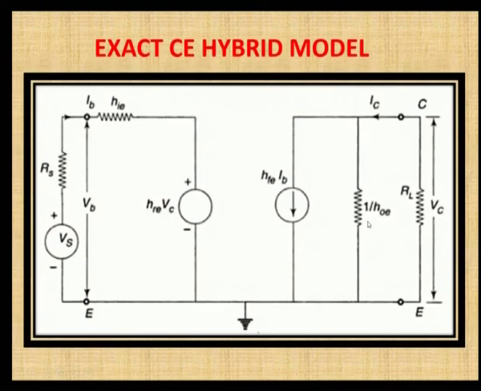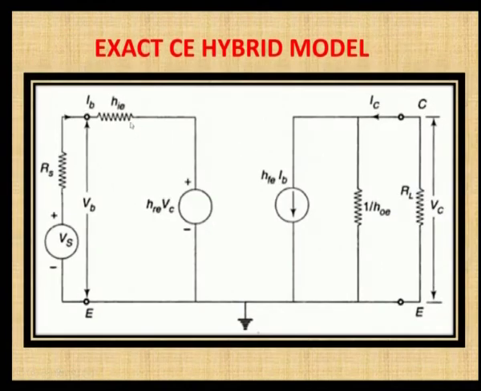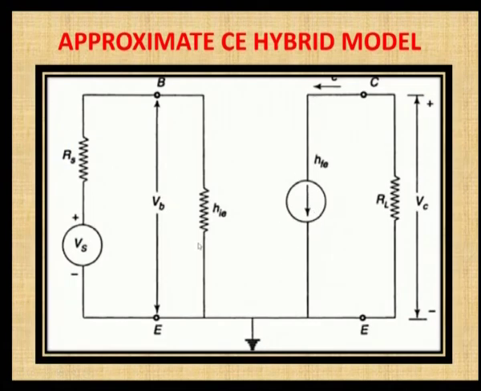And the difference between the exact hybrid model and the approximate model is, when you look at the circuit, you can easily say that there are 4 parameters in the exact hybrid model: HIE, HRE, HFE and HOE. And when you look at the approximate model, you will not find HRE and HOE. It is only HIE and HFE.